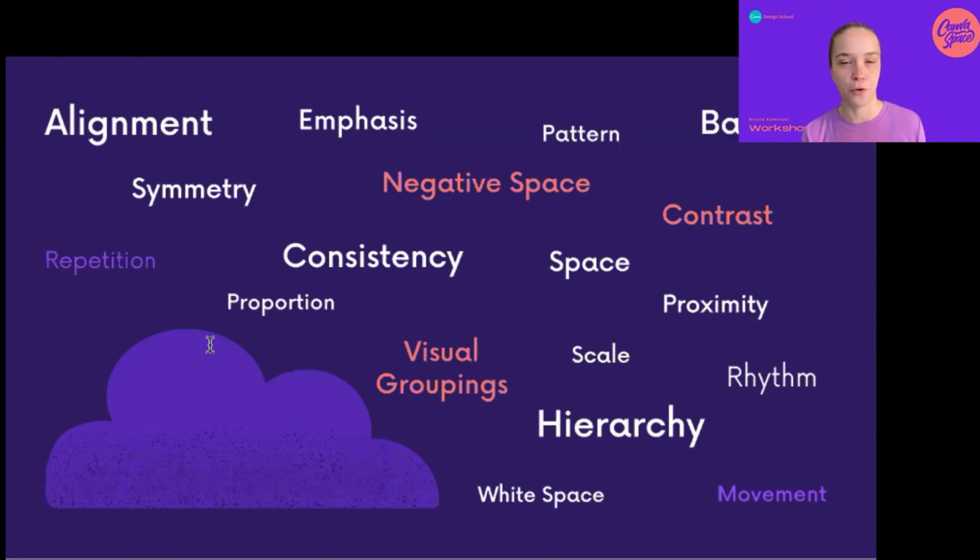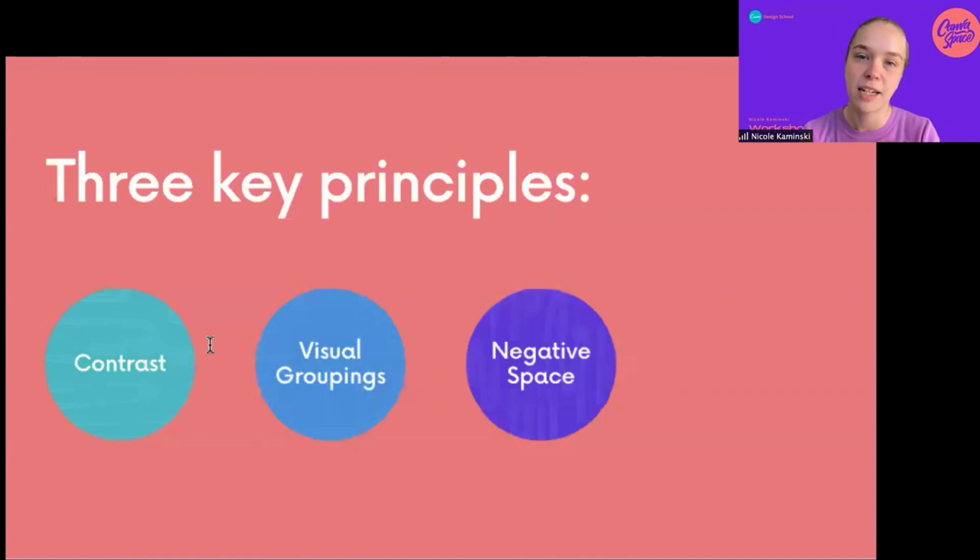And I've said this before, and I'll say it probably every time, just like you can't build a house without solid, good foundations, you can't build a good piece of design without applying some of these good design principles. So today we'll be taking a deeper look at some of these and how you can apply them to your designs to make them instantly clearer and hopefully more engaging.